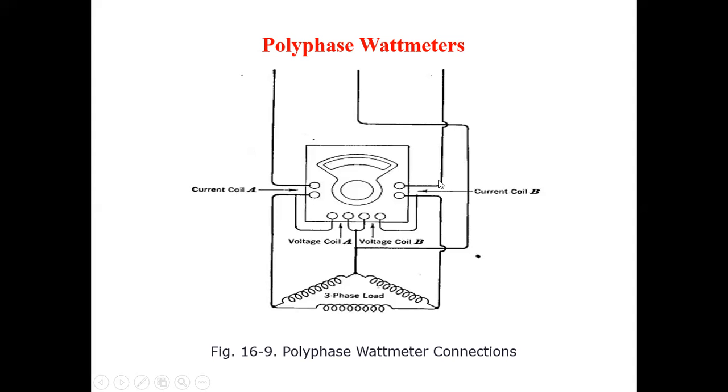This is the total connection of your polyphase wattmeter, and this is your scale, and this is your spring control system, with one pointer. This will show the reading after the connection. Suppose we give the supply to the three-phase load, then the power will flow through the circuit.